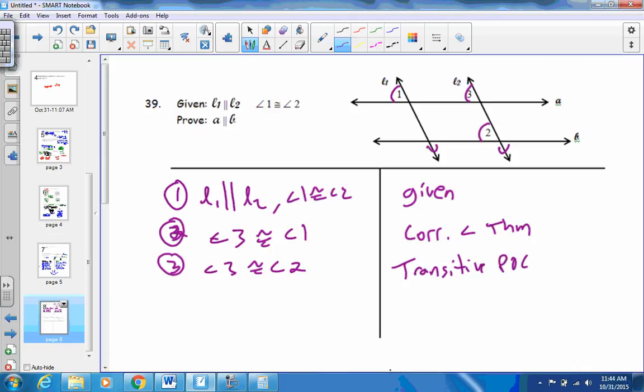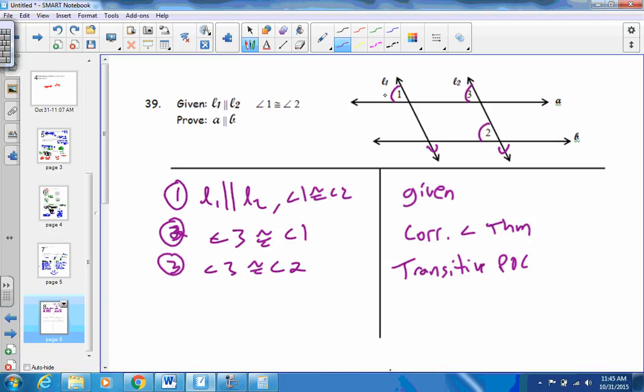Now, maybe you didn't realize why I wanted to get to that, but the only things that we have to prove that lines are parallel are the converse of the alternate interior angle theorem, the alternate exterior angle theorem, the corresponding angle theorem, and the same side interior angle theorem.